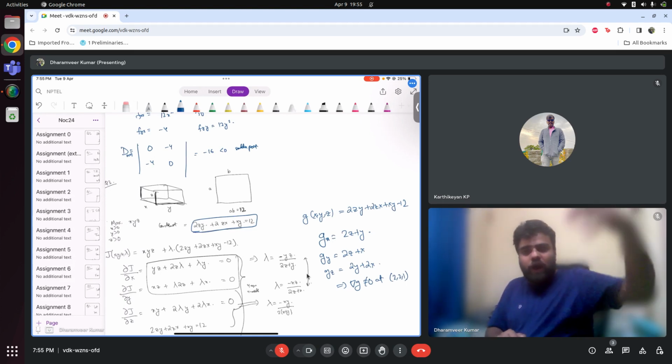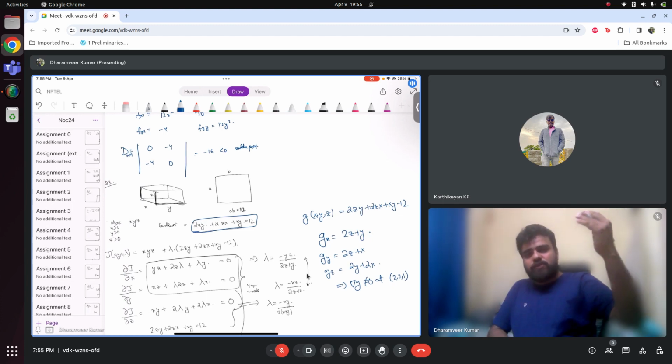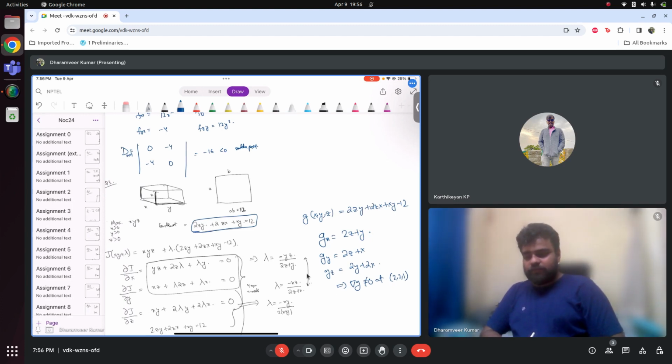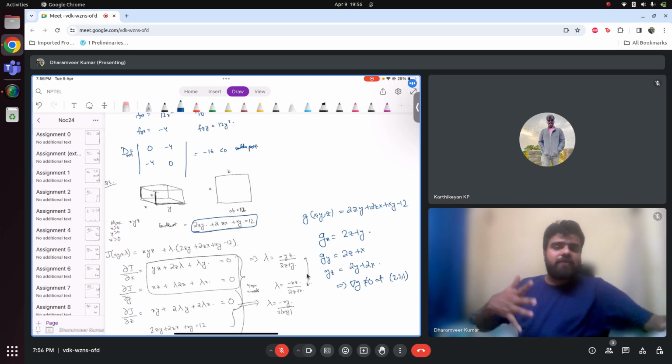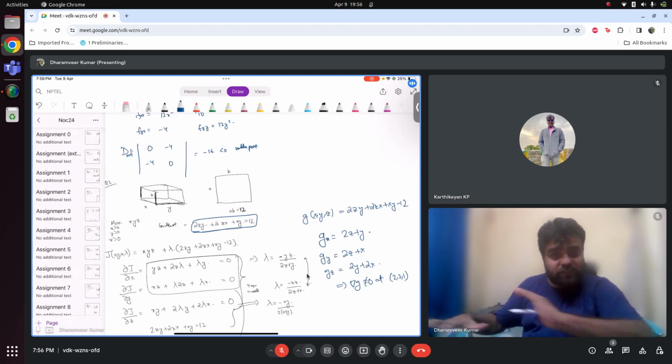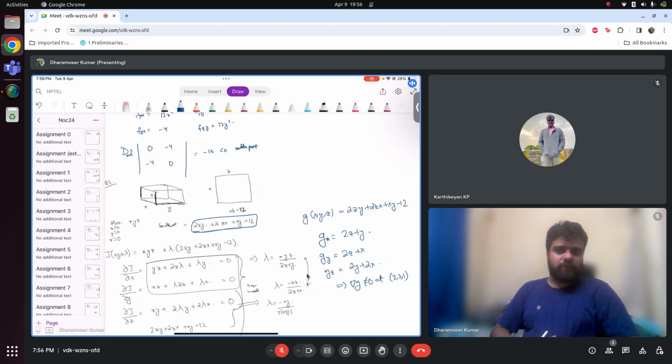If I take x to be too high, y and z have to be too small such that the product stays as given. Okay, so that's how we know that there exists a maximum. Now what is that maximum? We find it out, but existence is not proved by this method.